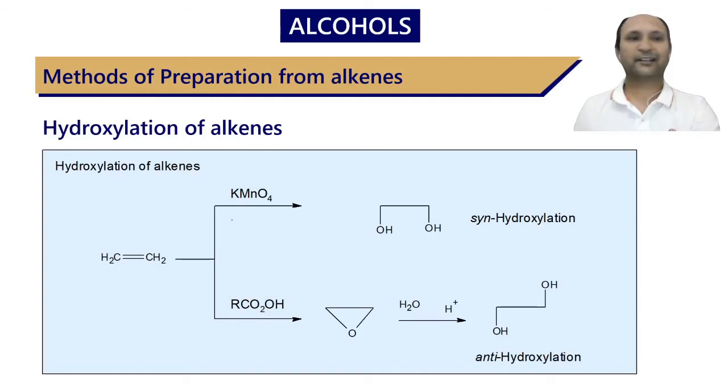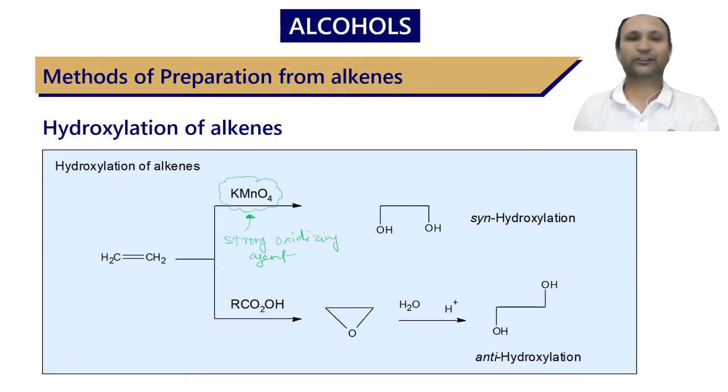As the name suggests, the alkenes are going to be hydroxylated here, and we are going to use two reagents, in which the first is a very well known oxidizing agent, that is KMnO4, and it is a strong oxidizing agent, potassium permanganate.